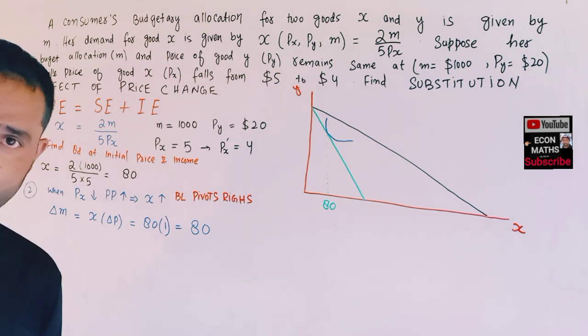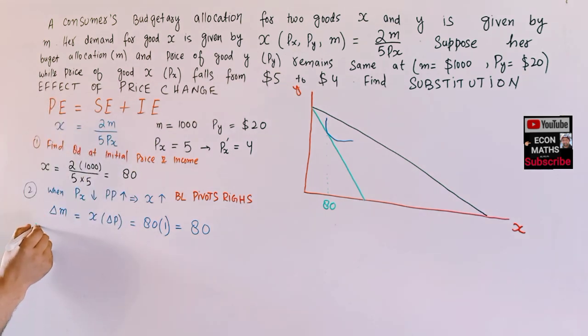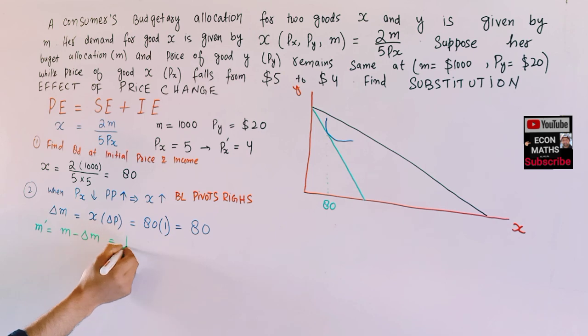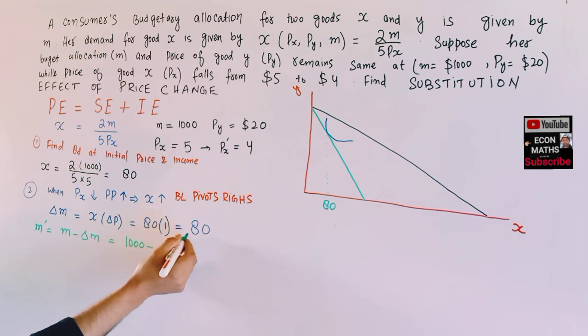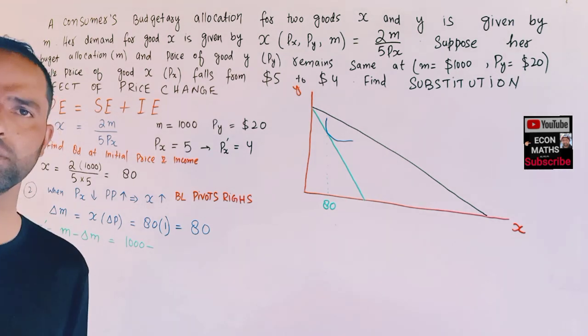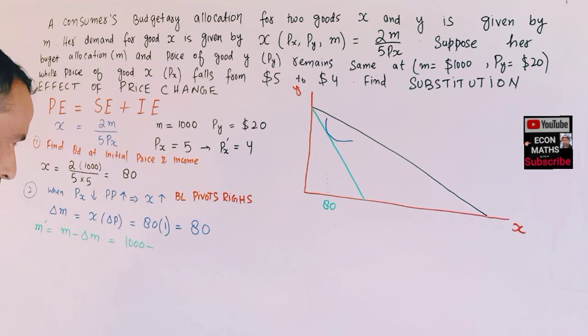Now what will then be the new income? New income will be equal to the initial income minus the change in income. The initial income was $1,000 minus the income that we took away. We don't actually take it, but to break the price effect into substitution and income effect, we look at this.